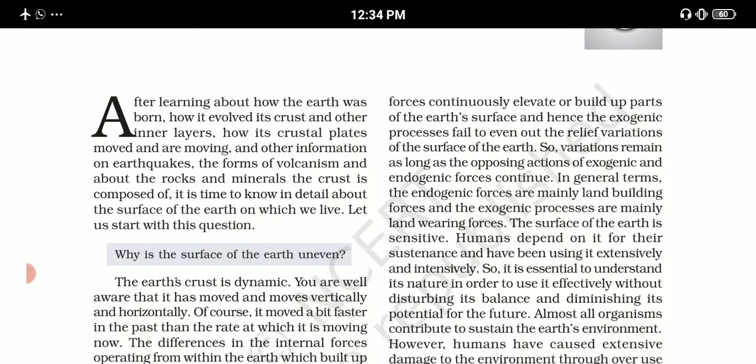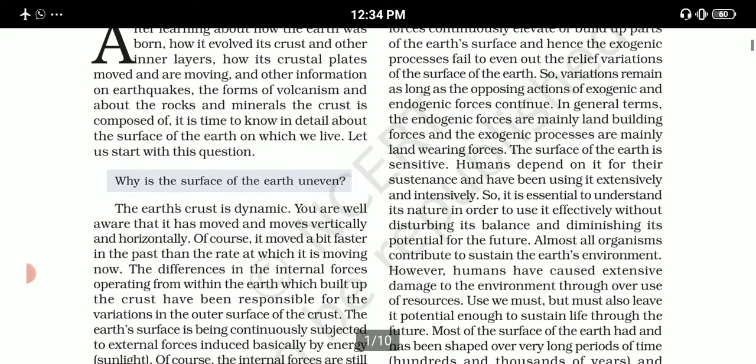Humans depend on the earth's surface and use it extensively and intensively, and they must understand the nature of the earth's surface without disturbing its balance and diminishing its potential for the future. All the organisms available on the earth's surface contribute to sustaining the earth's environment. हम ये कह सकते हैं जितने भी इसमें एनवायरनमेंट के अंदर ऑर्गेनिजम्स हैं वो सारे के सारे सस्टेनेबल के लिए वर्क करते हैं, हेल्प प्रोवाइड करते हैं, पार्टिसिपेट करते हैं.